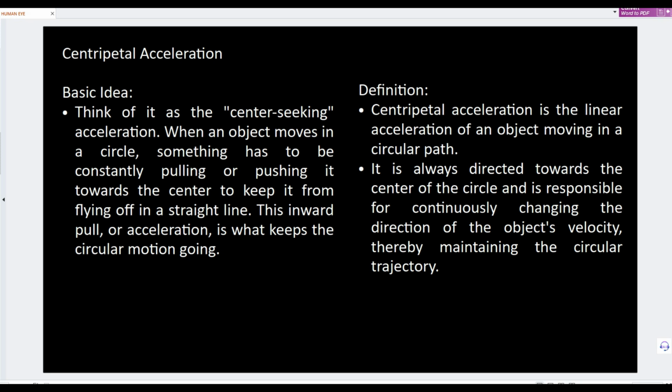This inward pull or acceleration is what keeps the circular motion going. The centripetal acceleration is the acceleration of an object moving in a circular path. It is always directed towards the center of the circle and is responsible for continuously changing the direction of the object's velocity, thereby maintaining the circular trajectory. Whatever I just told is written over here.